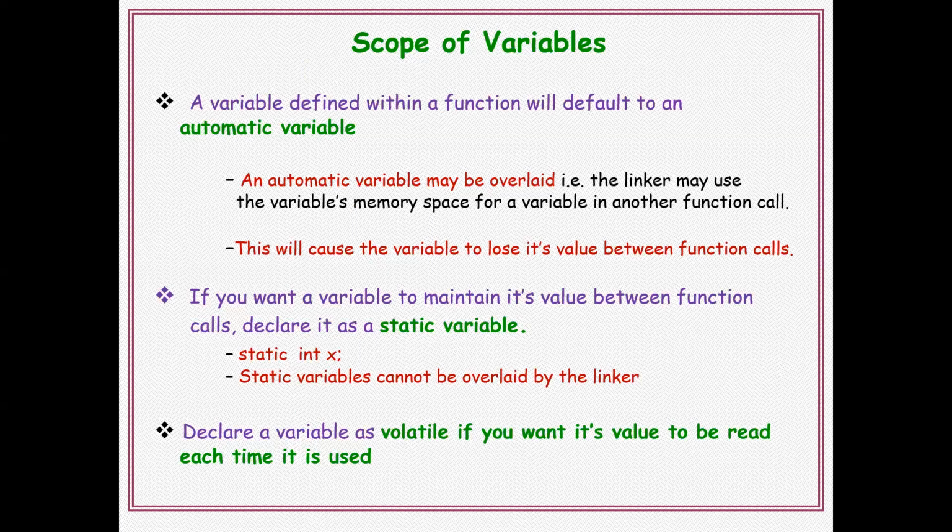If you want a variable to maintain its value between function calls, declare it as a static variable. The syntax is static int x. Static variables cannot be overlaid by the linker. Declare a variable as volatile if you want its value to be read each time it is used.